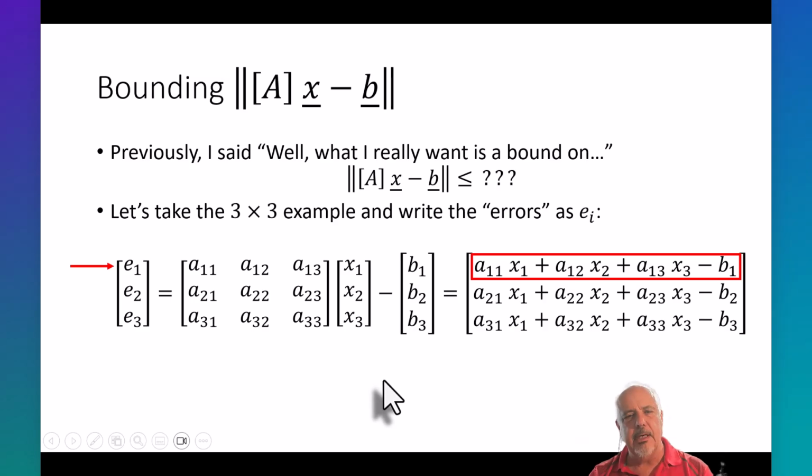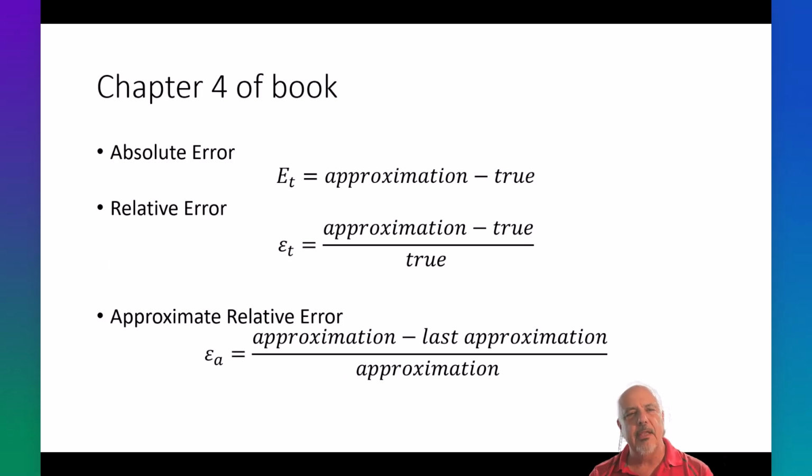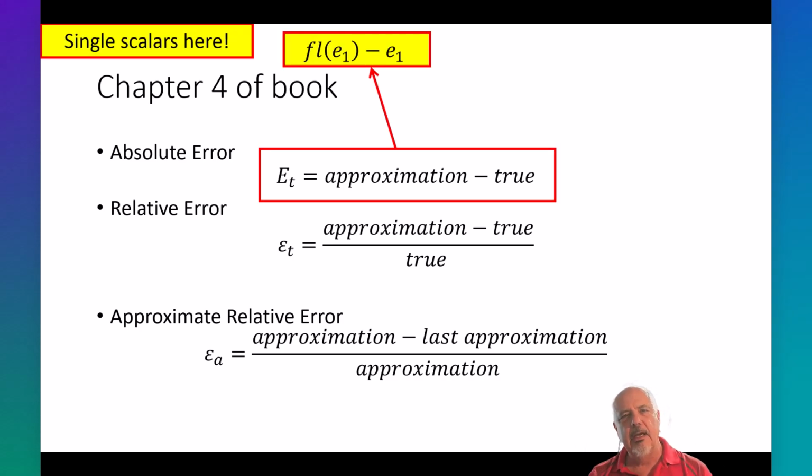We can think about how x1 is changing as we iterate through this. We've done this before when we looked at the polynomial kind of thing, from our chapter 4. If you remember, we're looking at single scalars here. And we're looking at how that floating point calculation of e1 compares to the theoretical e1.